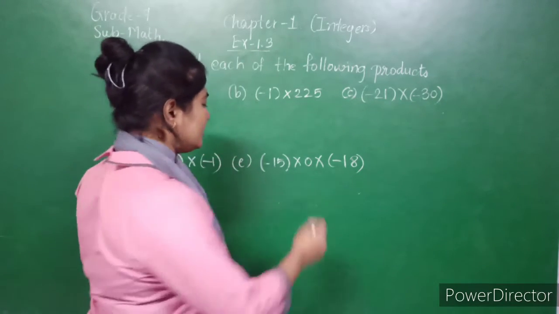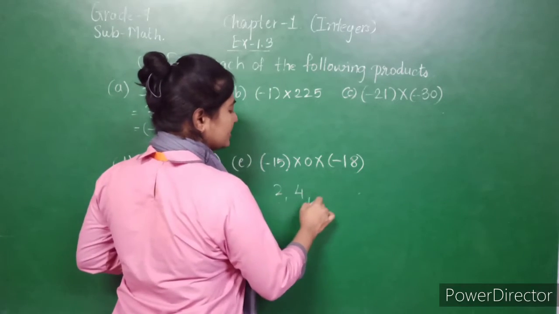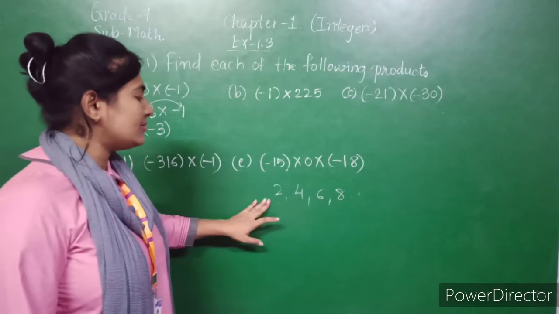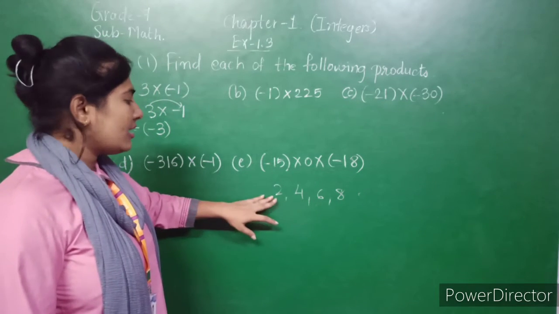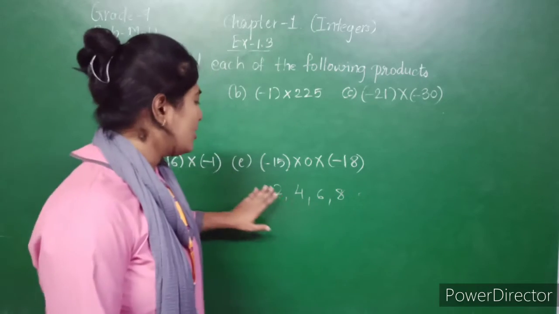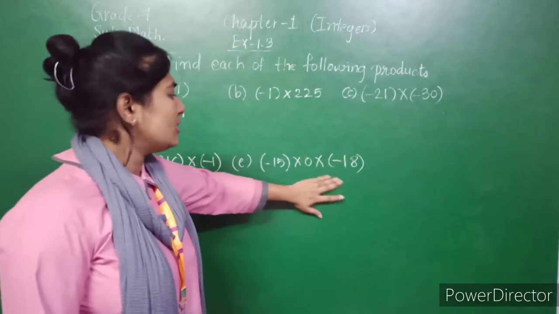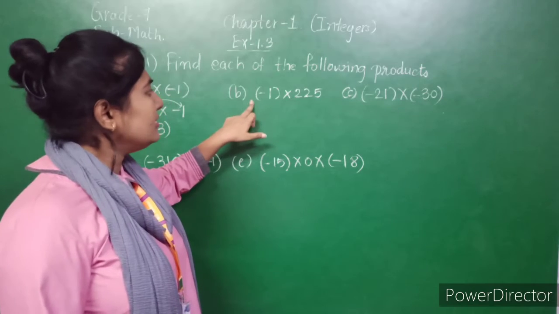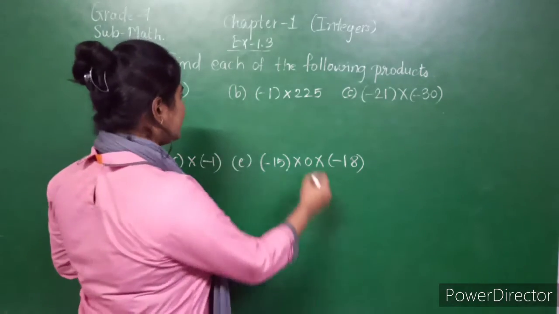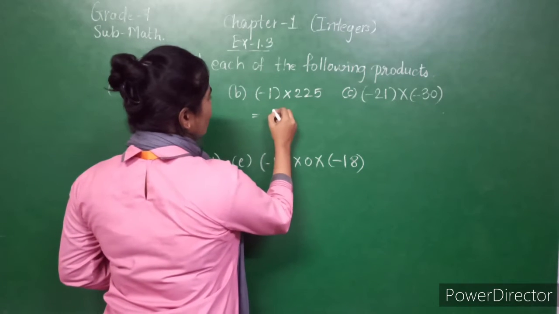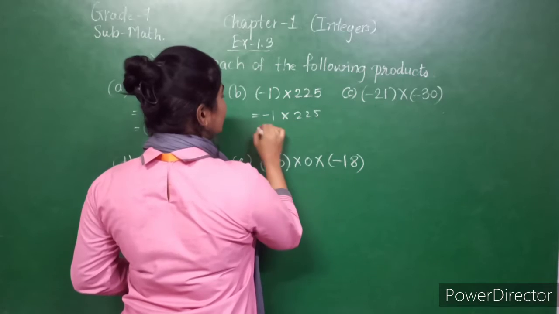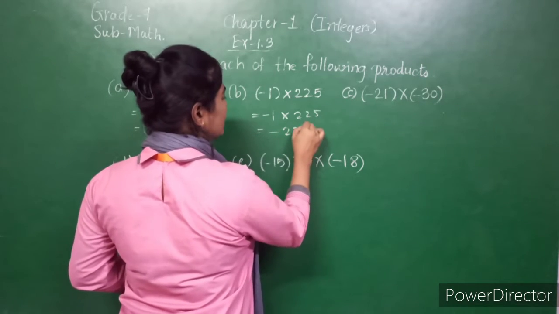Even means 2 times, 4 times, 6 times, 8 times and so on. So here minus is given an odd number of times, it means 1 time, so our answer will be negative. So it is minus 1 into 225, it is minus 225.